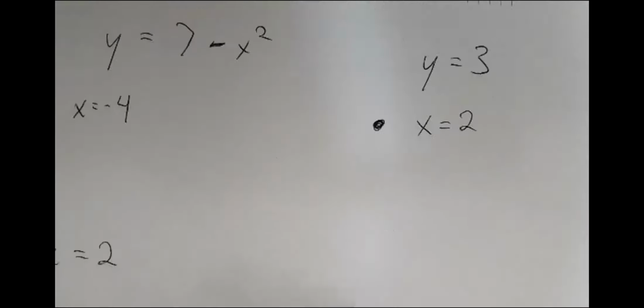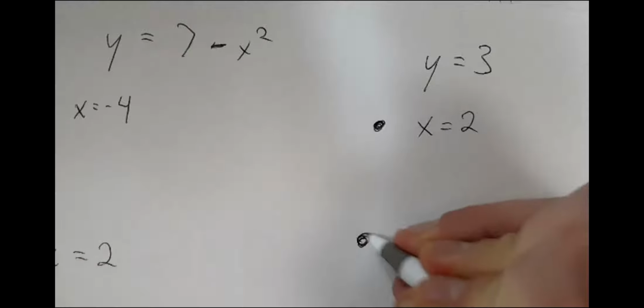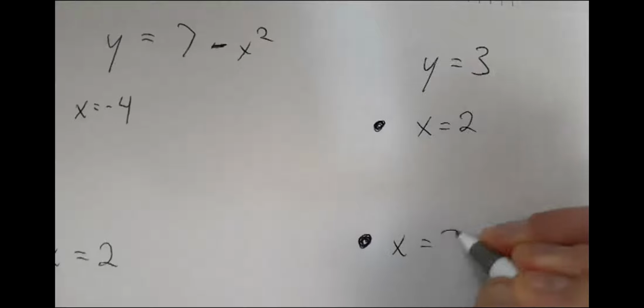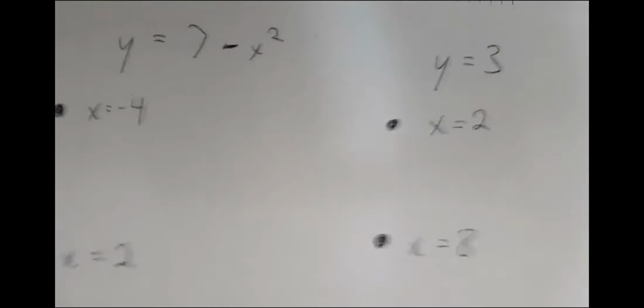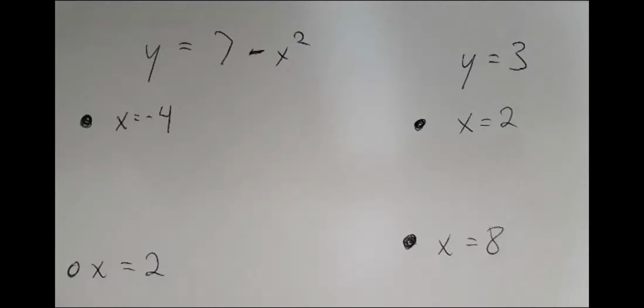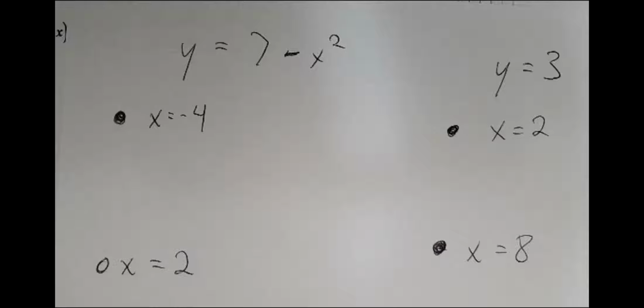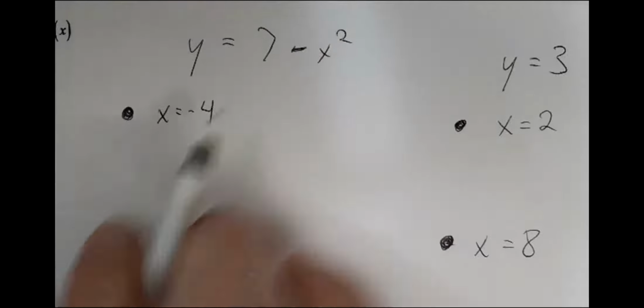And I believe it's a solid dot at x equals 8. So these are the points that I want to graph. I do have to fill things in a little bit.